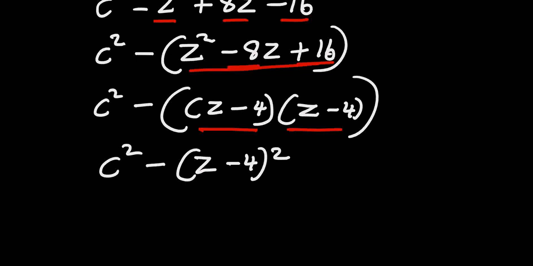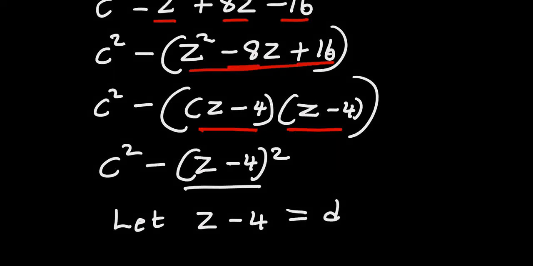So we can now assign the whole of this to a variable to help simplify the process. So let z minus 4 be equal to d. You can use any letter of your choice.